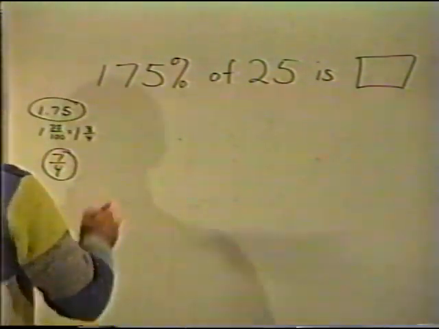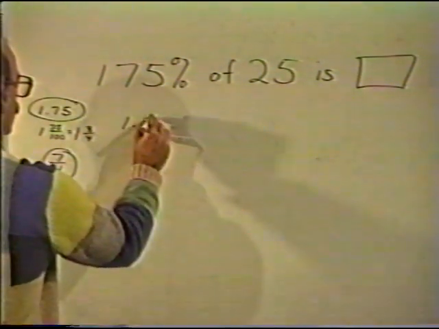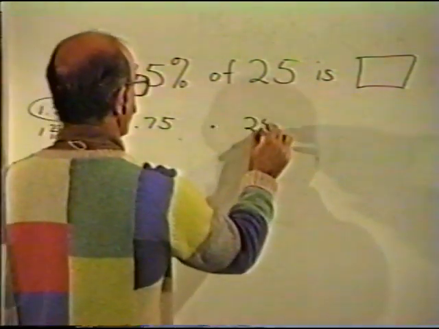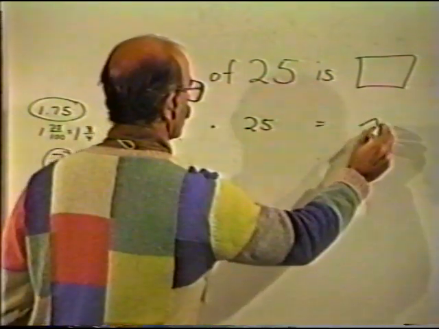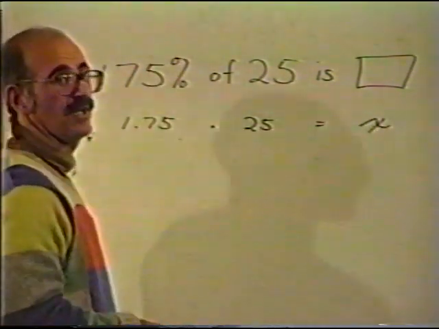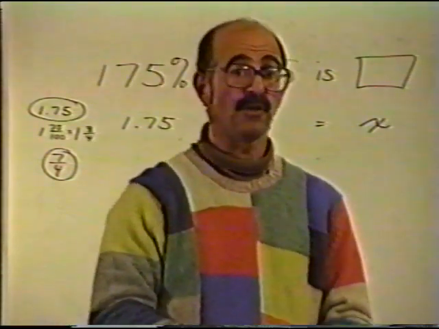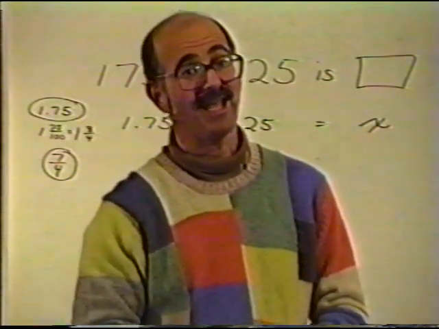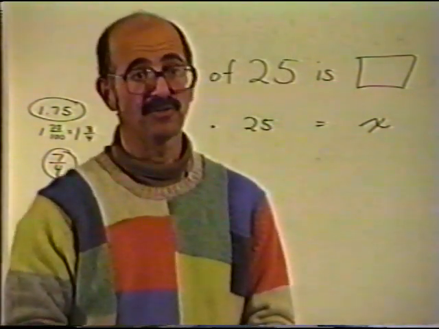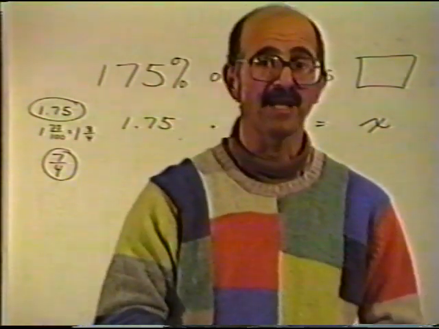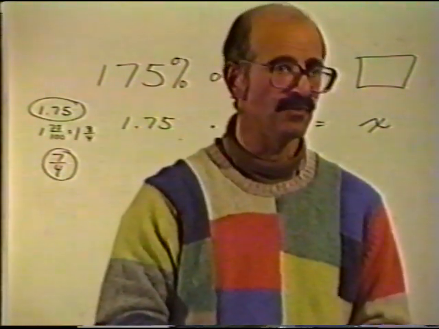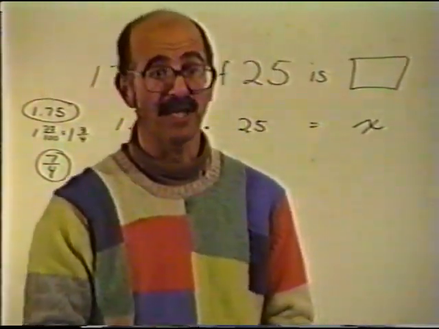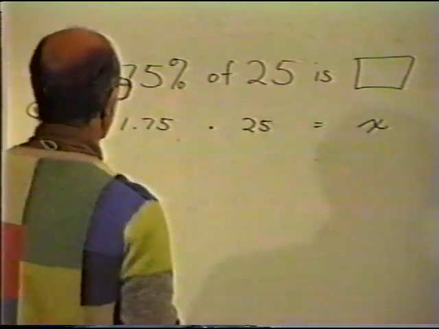The decimal is 1.75 times 25 equals x. Generally, when you have to use the decimal, you'll find that you have more work to do and an answer that's a little bit unusual. So, if we have a choice, we'll always use the fraction. But if the fraction won't cancel, then we'll use the decimal.